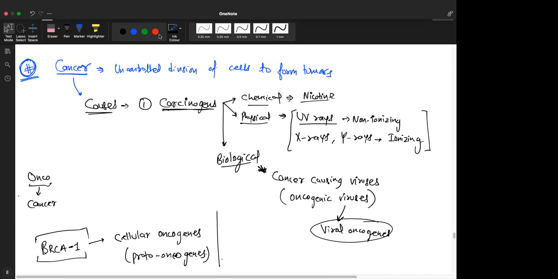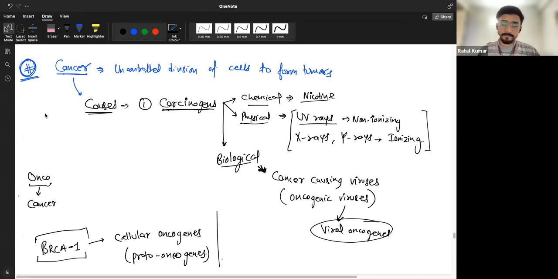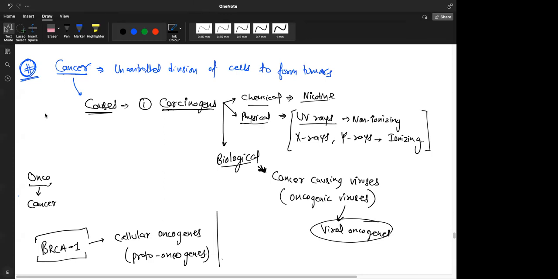Normal cells show the property of contact inhibition, which means contact with other cells inhibits their uncontrolled growth. But cancer cells lost this property, and hence they continue to grow and divide and form a tumor.